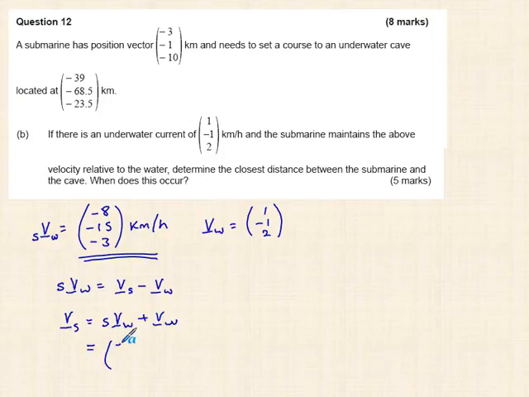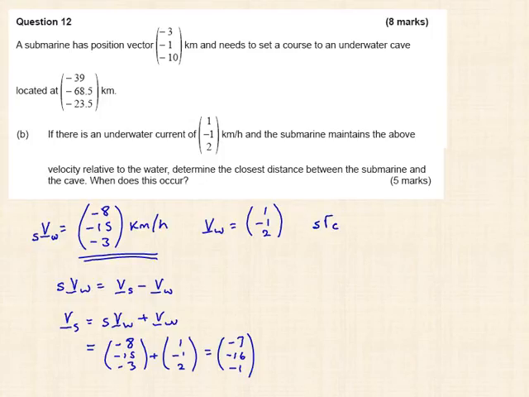So that gives us (-8, -15, -3) plus (1, -1, 2), and that gives us (-7, -16, -1).